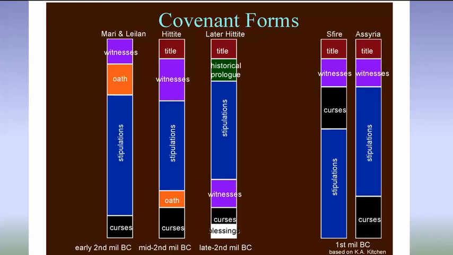One comes from the early, mid, and late 2nd millennium BC. The second form is different in its structure, and that comes from the 1st millennium BC. So this is from 2000 BC onward, and this is 1000 BC onward in terms of time.